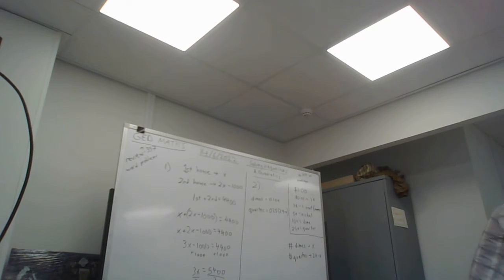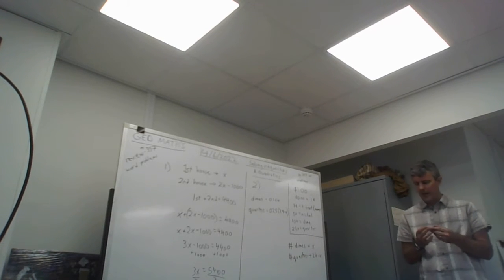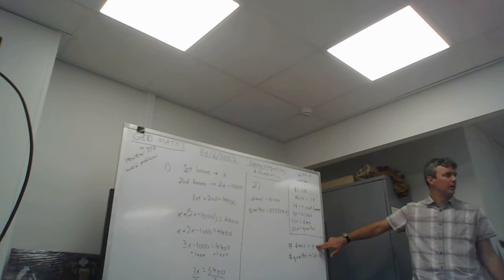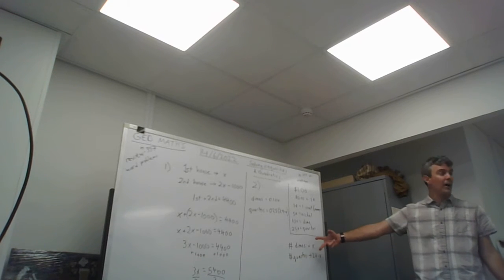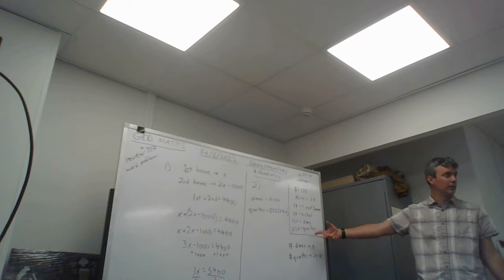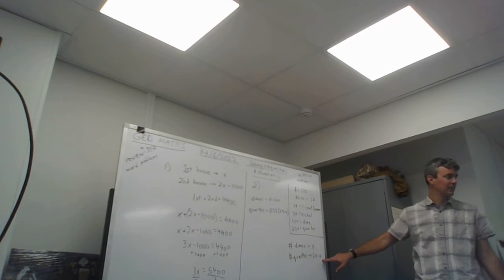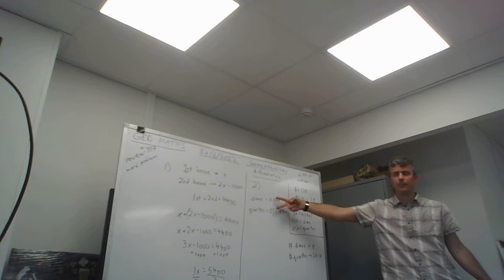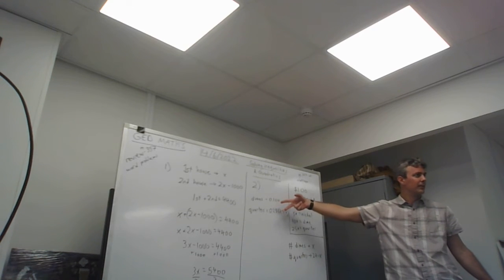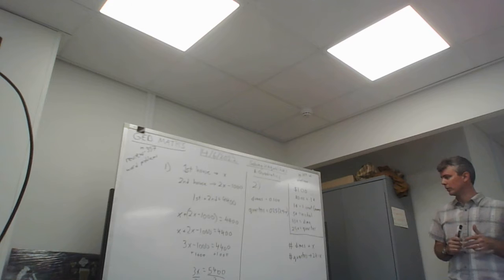So that's always how we start. We always start with let's find one variable. We could have done it the other way around. Actually, this problem would work out if we do it the other way around. If we say quarters is x and dimes is 24 minus x. But then we'd have to change the value, right? But it would still work out. And if you want, I can show you that way as well.